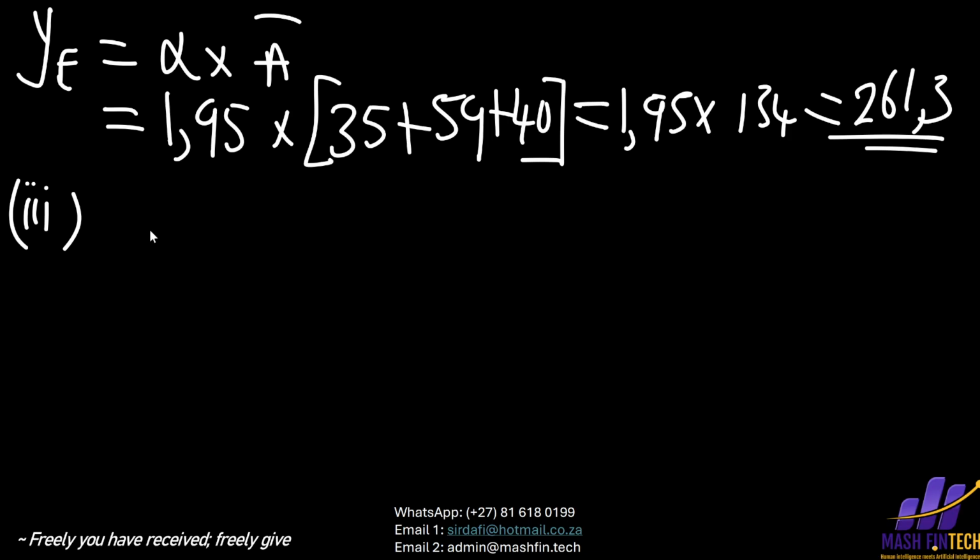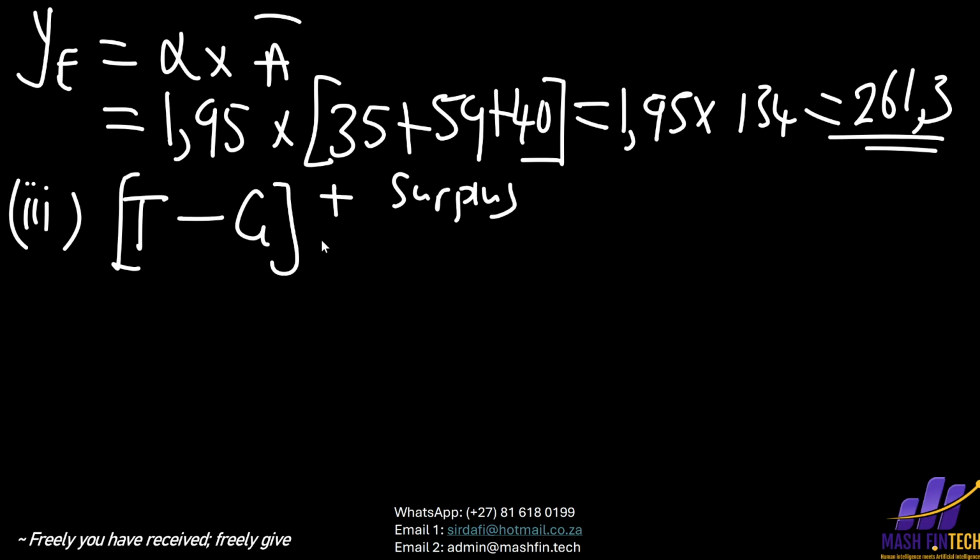You look at the money coming in, and this is taxes, money coming in. Money going out is government expenditure. You consider this. If your answer to this is a positive, it means more money is coming in than money going out. It's a surplus. If this is a negative, it means there's more money going out than money coming in. It's a deficit. Okay. If it's 0, the budget is balanced.